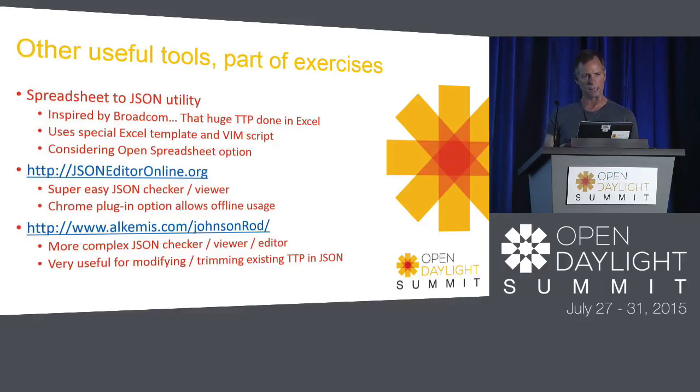There's a JSON editor online, and it's an interesting name because there's also a Chrome plugin option, which is still called JSON Editor Online, but it works offline. And it makes for very quick testing. It sort of points out the character that's not expected or misplaced and so on. It gives you enough feedback that you can fix your Excel file or your script.